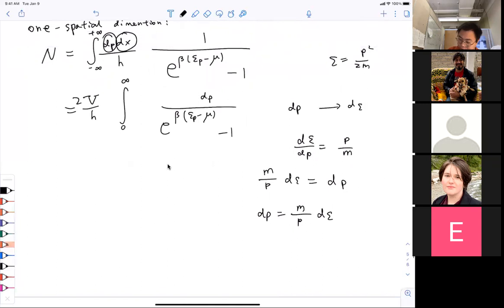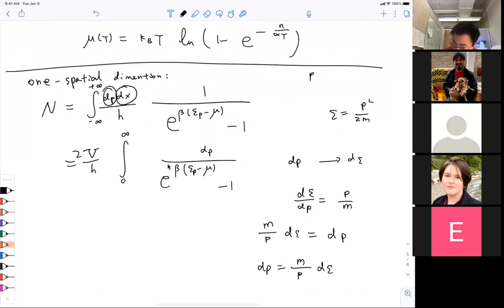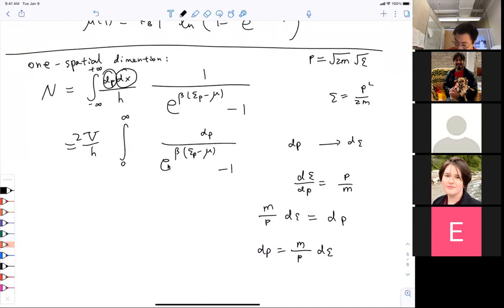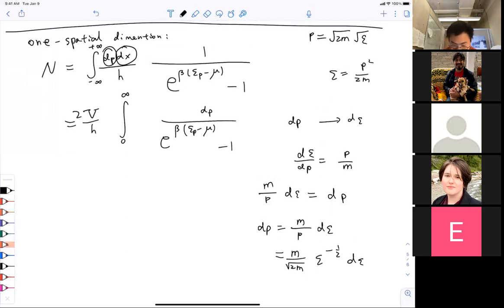This p is nothing but p equals the square root of 2m times the square root of epsilon. So it's m over the square root of 2m. I hope I'm not making any mistake. Something like that. I think it's correct.